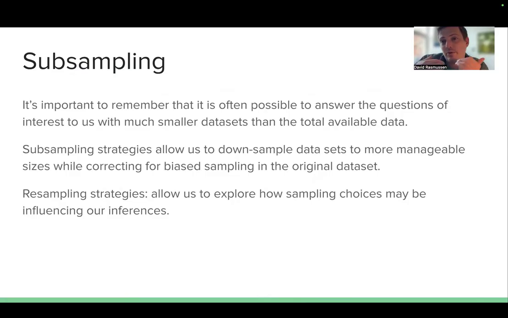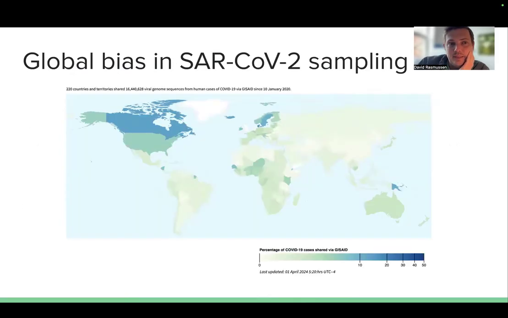So if we sampled 90 sequences from one location and only 10 sequences from another location, we could downsample to, say, 10 sequences from both locations to have a more balanced data set. And then we can use these resampling strategies. We can subsample a large number of times to see how our inferences might change if we had sampled in different ways. As an illustrative example, we'll consider SARS-CoV-2 again, because this is a case where we have extremely large numbers of samples.